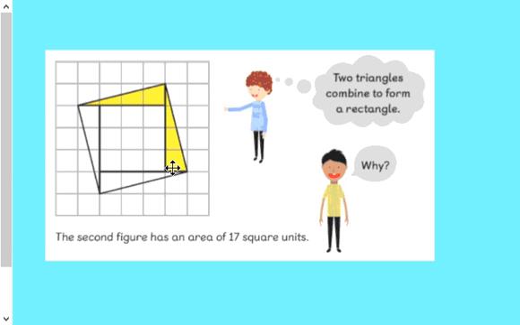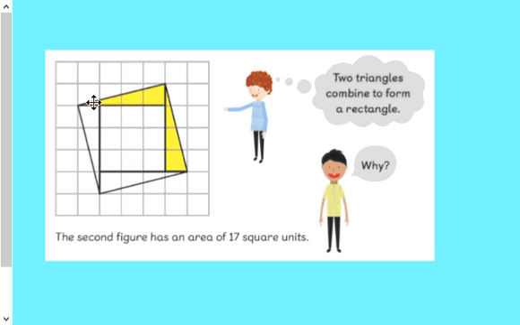Now, one trick we could do here is that actually these 2 here would fit together to make a rectangle. Now, if I was to rotate that one around and put it there, I would then have a rectangle that has 1, 2, 3, 4 squares. And I've got another part here. So what I would then have would be 1, 2, 3, 4, 5, 6, 7, 8, 9 we already knew, the shaded part of this larger square here.